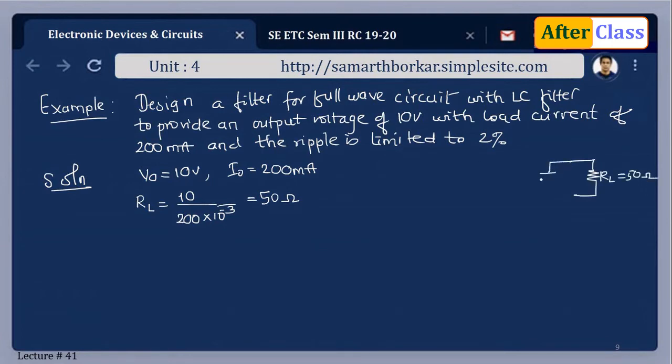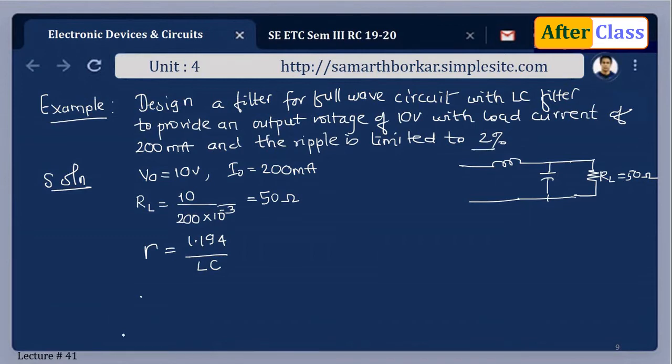LC filter, so there will be a capacitor here across the load and inductor in series with the capacitor. Fine. Now we know that the ripple factor R equals 1.194 divided by LC. It has to be limited to 2%, or sometimes the wording is like it should not exceed 2%.